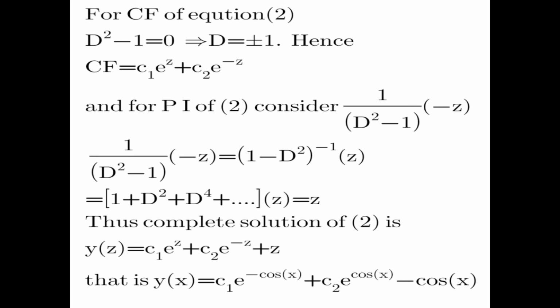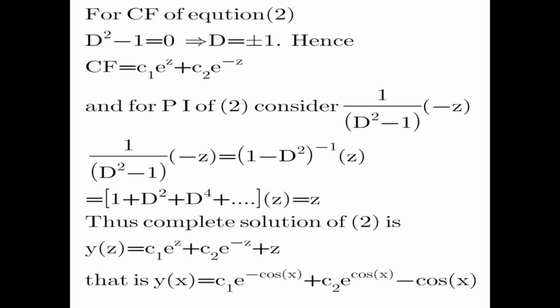So we write 1 minus d square to the power minus 1 into z as 1 plus d square plus d to the power 4 plus so on into z, and the second order derivative and higher order derivatives of z are 0. So we have only z. So the particular integral is z.